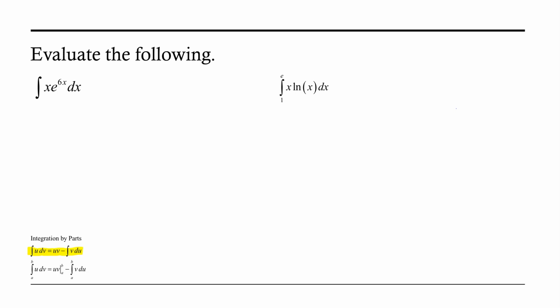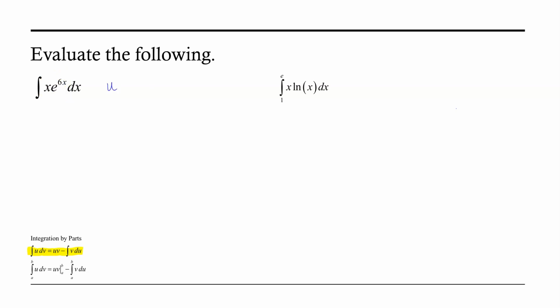The first thing we need to do is to look at our integrand here, this x times e to the 6x, and determine which of those two quantities, the x or the e to the 6x, is going to play the role of u versus dv. We want to be strategic about how we make that choice.